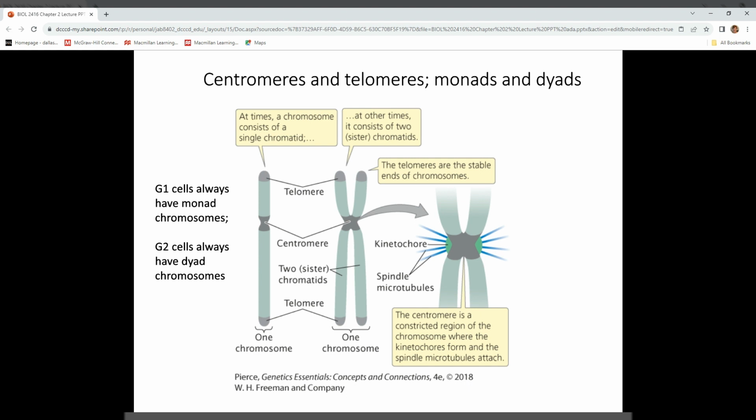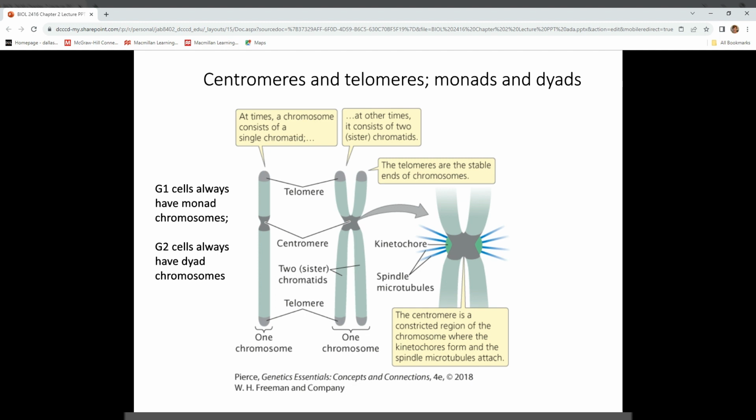And so we say that a single chromosome, a monad chromosome on the left, is one chromosome. And then a chromosome that has two sister chromatids connected together at the centromere is also referred to as one chromosome. And that can be very confusing for students, so we'll keep working on that concept. But it's fixed.